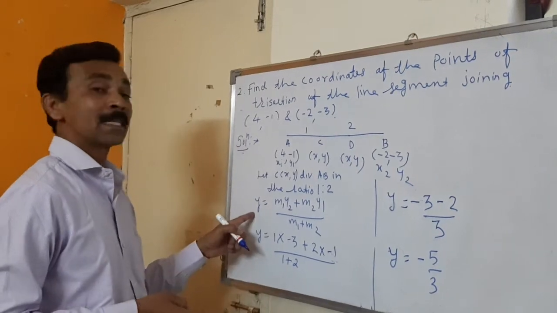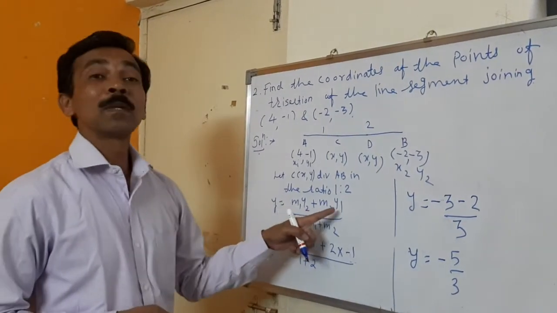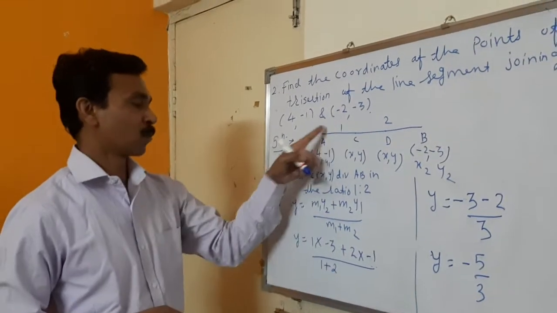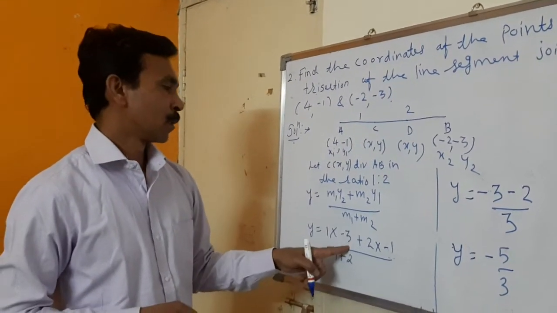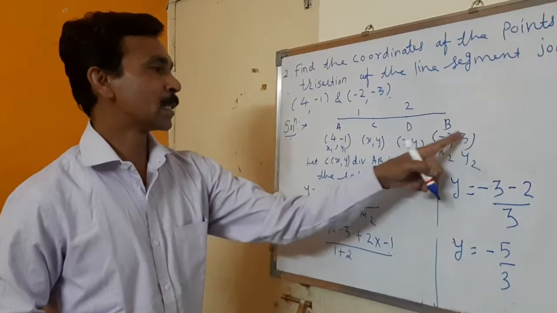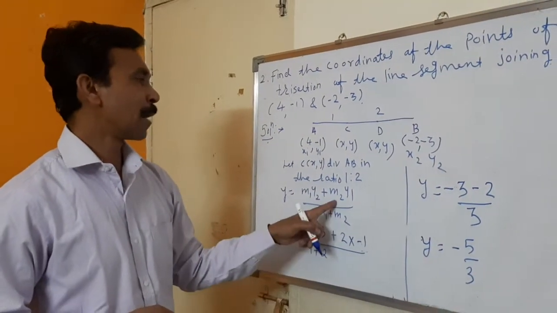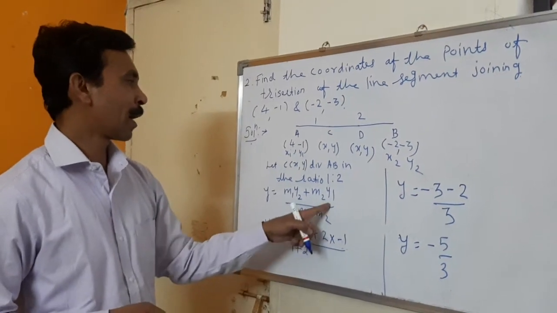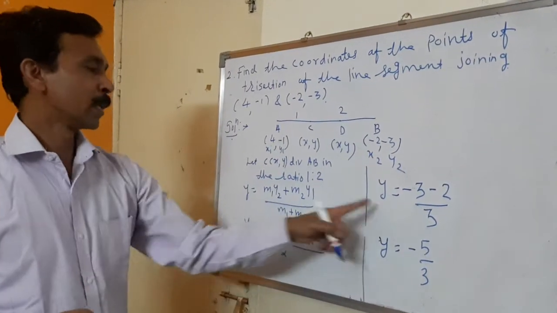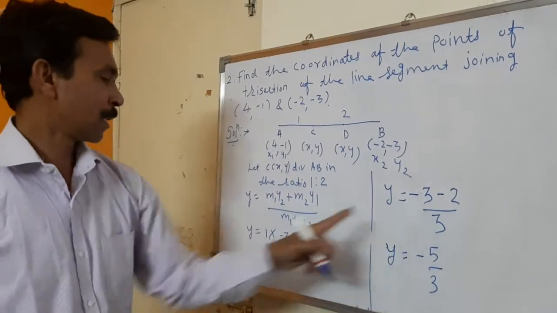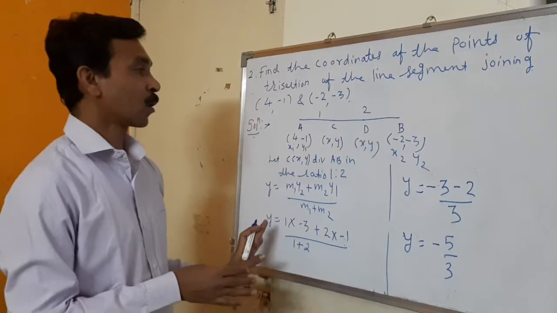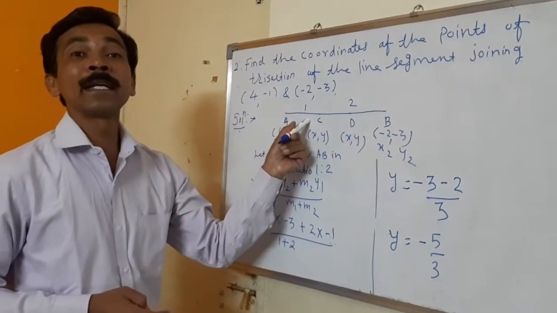Again I repeat, y is equal to m1 y2 plus m2 y1 upon m1 plus m2. m1 is 1 into y2 is minus 3 plus m2 is 2 into y1 is minus 1. So it is 1 into minus 3, minus 2 upon 3, minus 5 by 3. So these are the coordinates for point C.